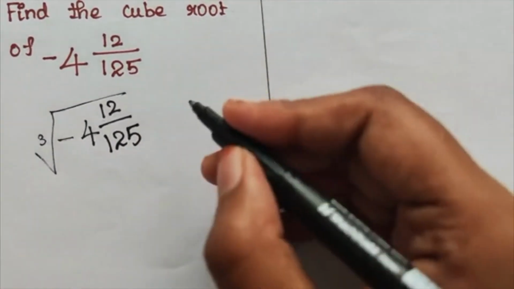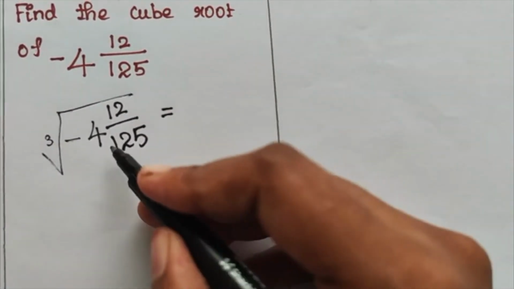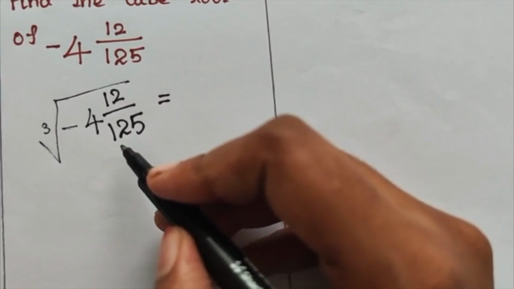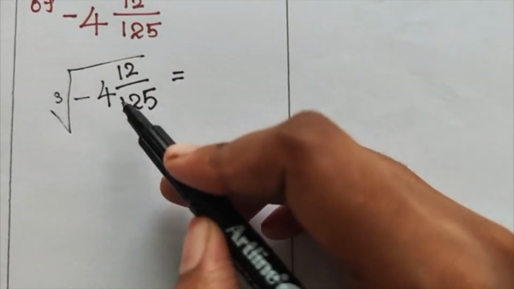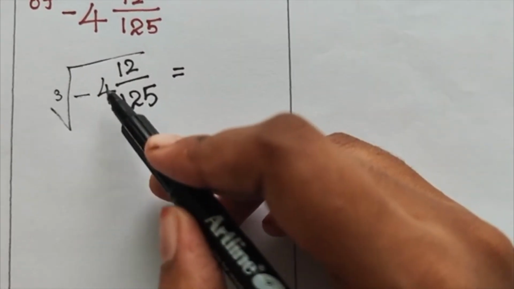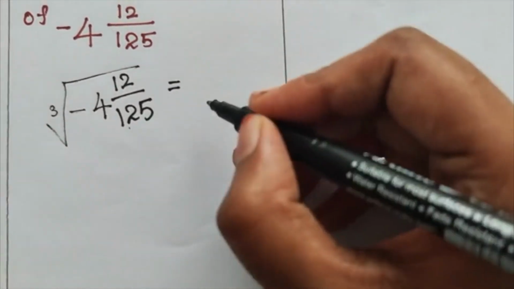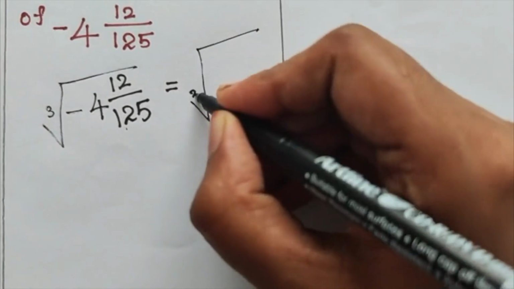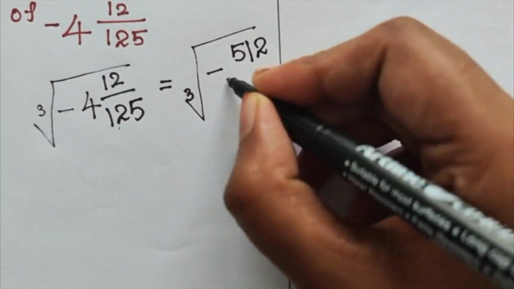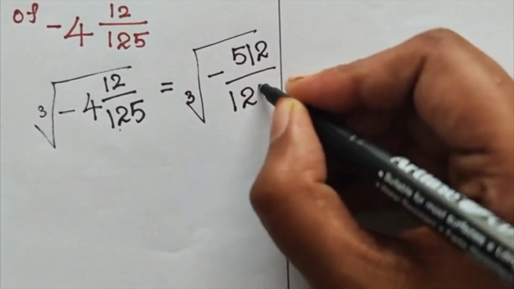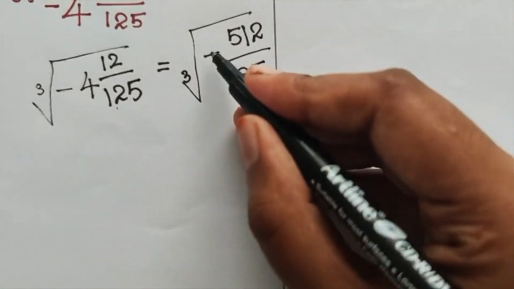To convert this to an improper fraction, we need to multiply 4 into 125. So 4 into 125 is nothing but 500. 500 plus 12 is nothing but 512. So minus 512 divided by 125.